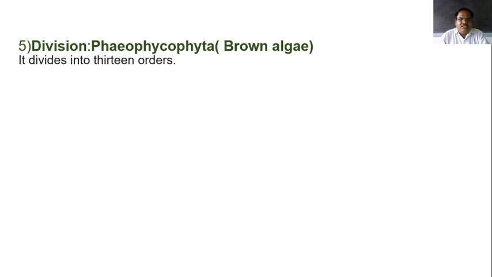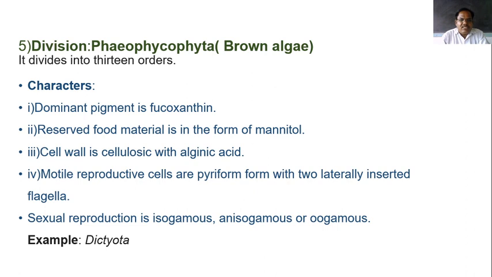Then the fifth division is the Phaeophycophyta. The name itself indicates that Phaeo means the brown algae, and this brown algae divides into 13 orders. What are the characters of this brown algae? The dominant color pigment is fucoxanthin, and reserve food material is in the form of mannitol. The cell wall is cellulosic with alginic acid. Reproductive cells are pyriform, with two laterally inserted flagella.